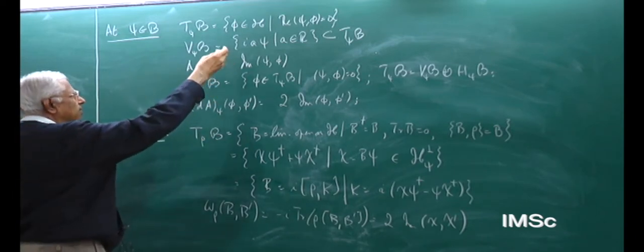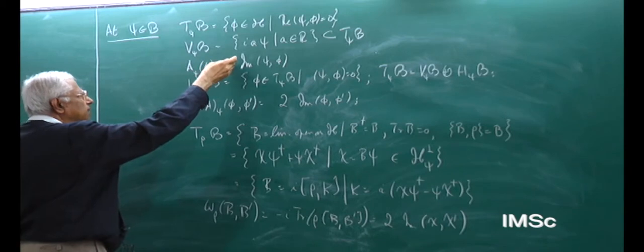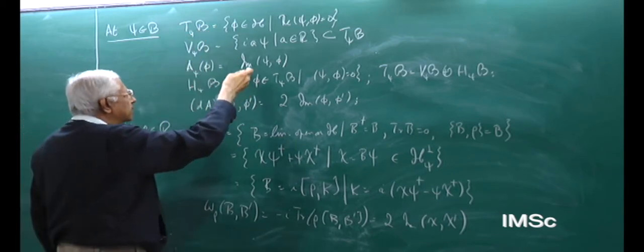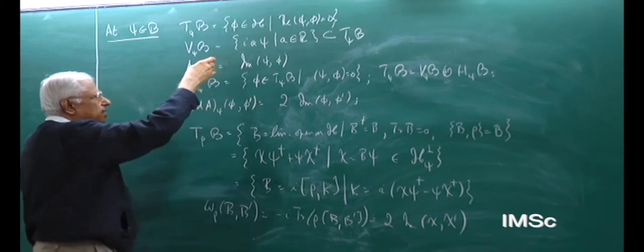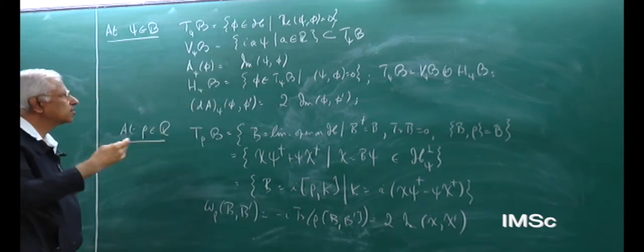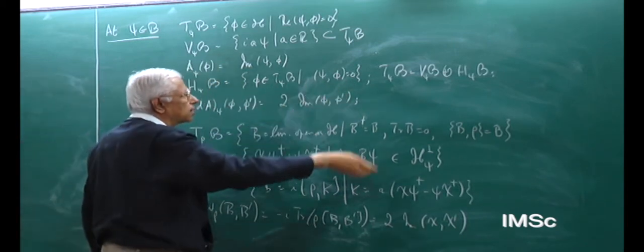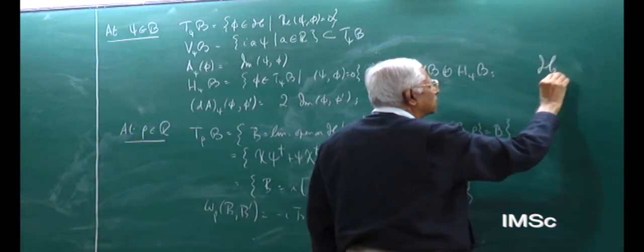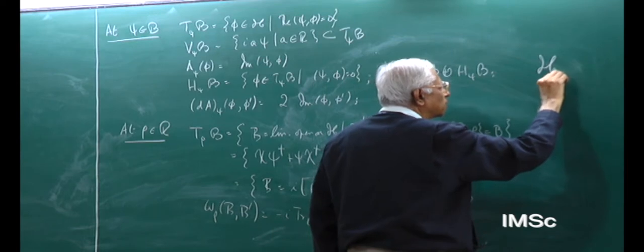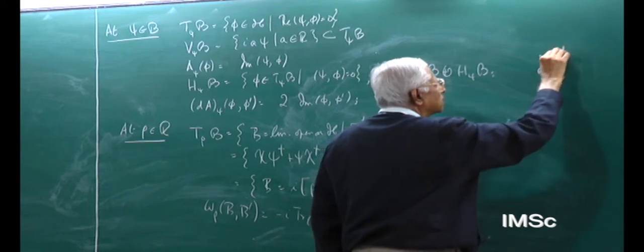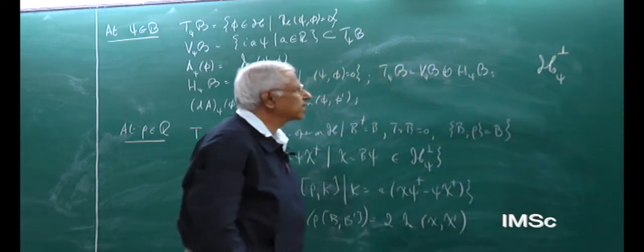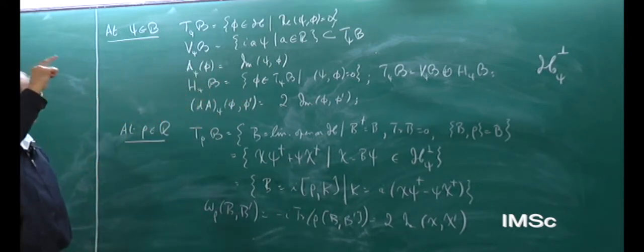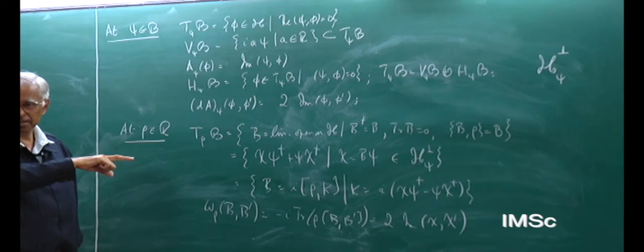Then once the one form is given, it helps you to define the horizontal subspace of the tangent space. It is that subspace on which the one form A gives value 0. So sometimes I will use this notation. You have the Hilbert space. Suppose you choose some unit vector psi, and then you want to consider all vectors in the Hilbert space perpendicular to psi.